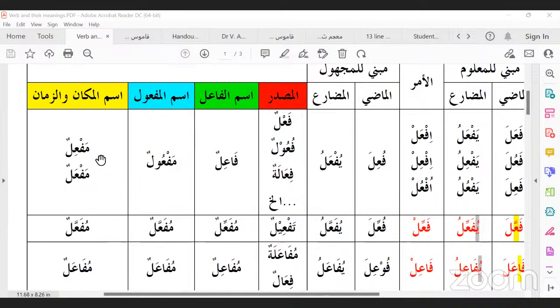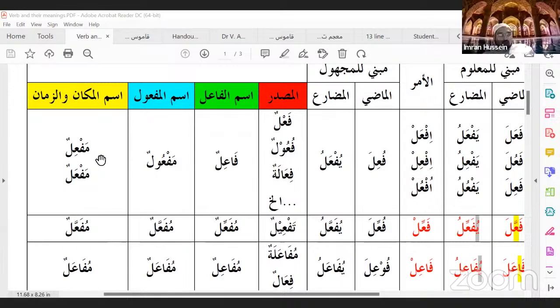Okay, now let me explain. The question is, how do we know? With ismul fa'il and ismul maf'ul, fa'ilun and maf'ulun, any verb you have, put it on these two patterns, you get the nouns. Now, with these nouns, how do you know it's matbakhun, how do you know this is madrasatun, and how do you know this is majlisun?